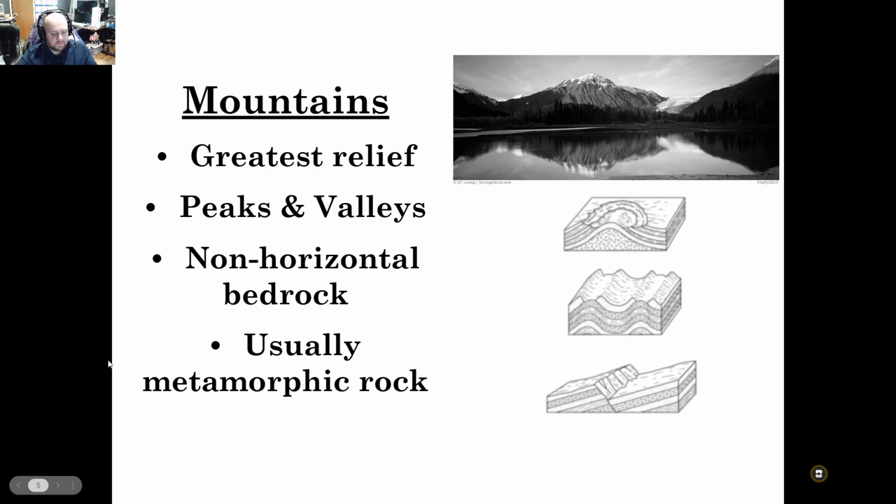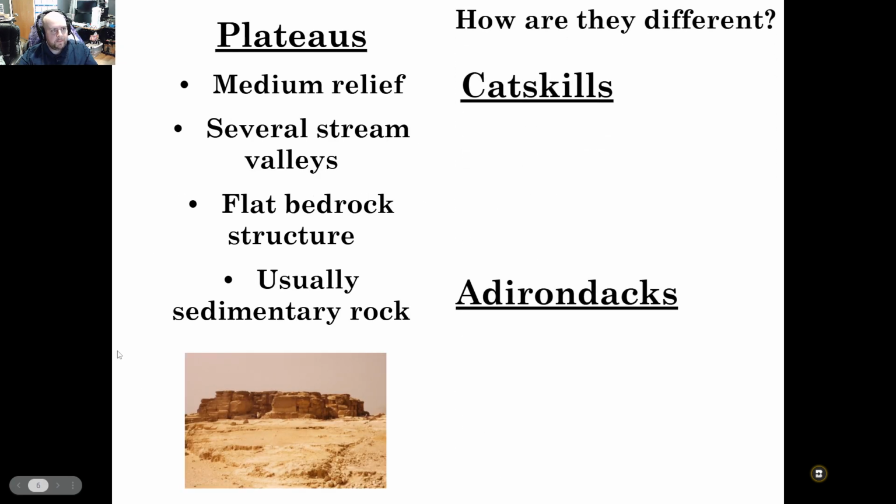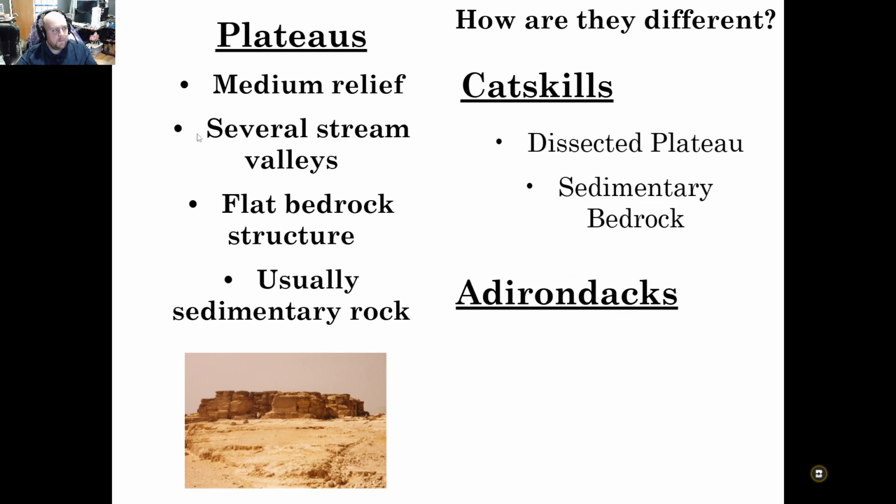Okay, so that's mountains. Plateaus are the next one. They are medium relief. They have several stream valleys that run through them. The bedrock structure is flat, and these are usually made of sedimentary rocks, the layers of sediments that compact and cement over time. You don't need to write this down in your notes, but just to compare, the Catskill Mountains that we talk about here in New York are not actually mountains.